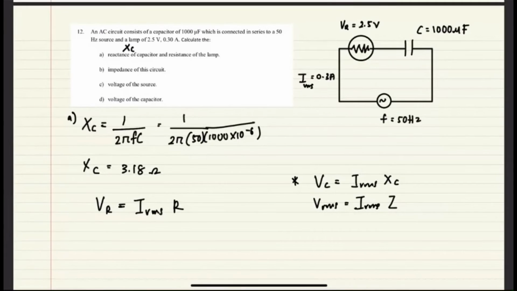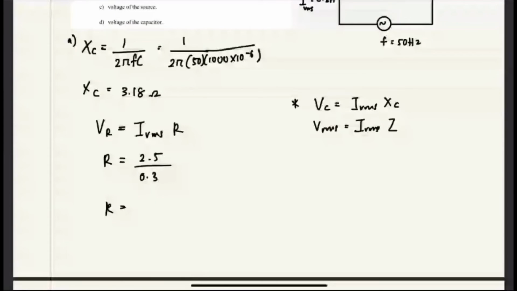Resistance, so R. VR is equal to 2.5, and IRMS is given as 0.3.